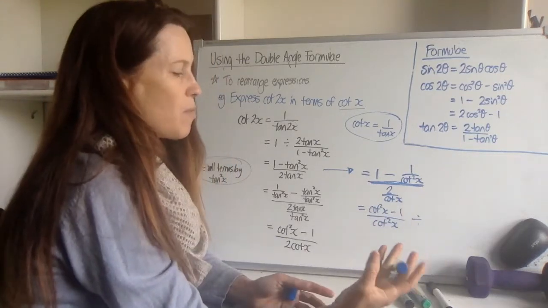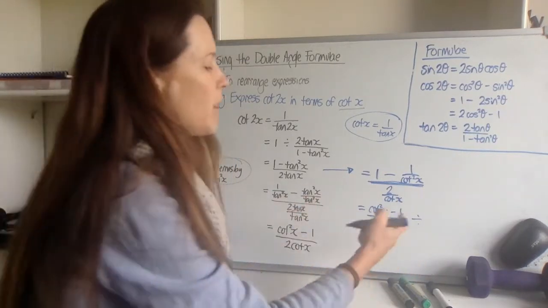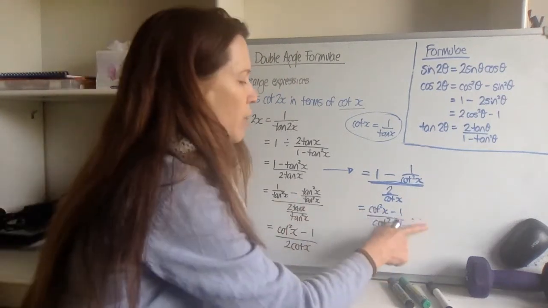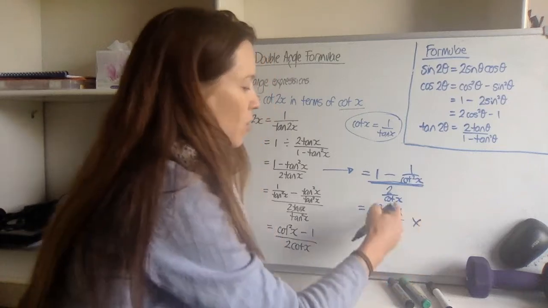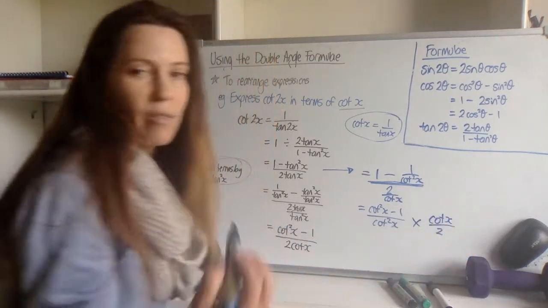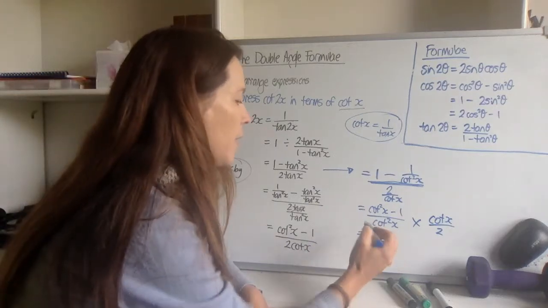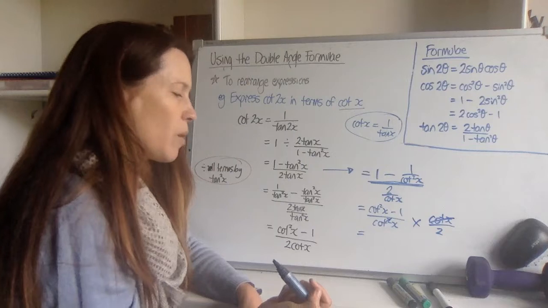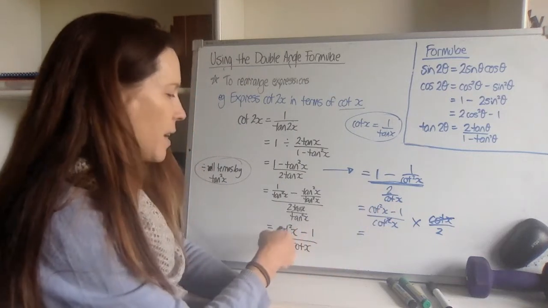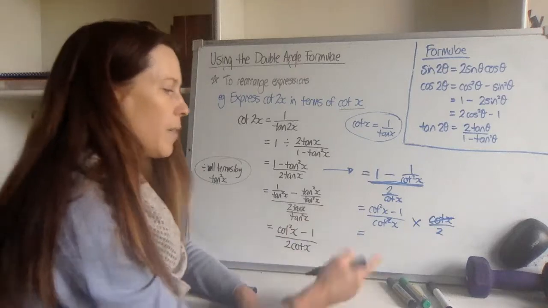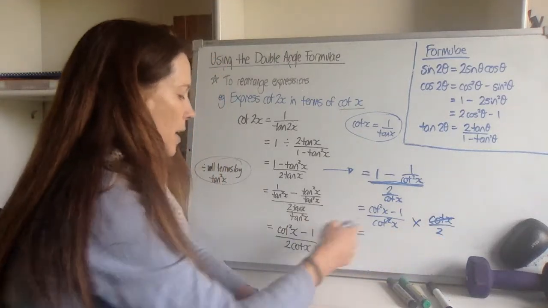But even thinking that through, again, I can save myself a bit of time by saying, hey, if I'm dividing by a fraction, I'm going to want to multiply by the reciprocal. So I could probably just multiply straight off by the reciprocal of what's on the bottom there, just to save myself a little bit of time. And now, same as what happened over here, I can see that my cot x is going to cancel with one of those, and I'm going to get the exact same answer as this. On the top, I've got the cot squared x minus 1, and on the bottom, I've got 2 cot x.